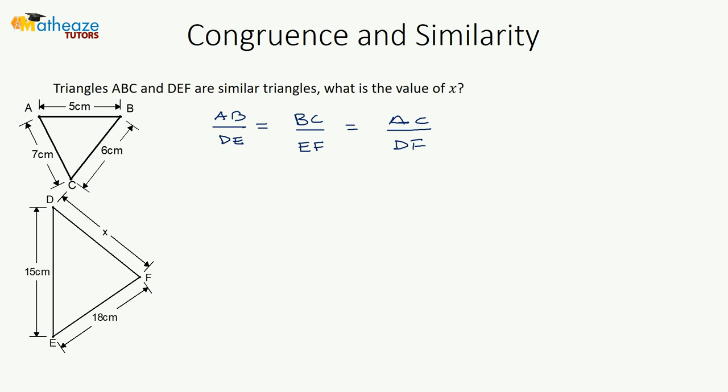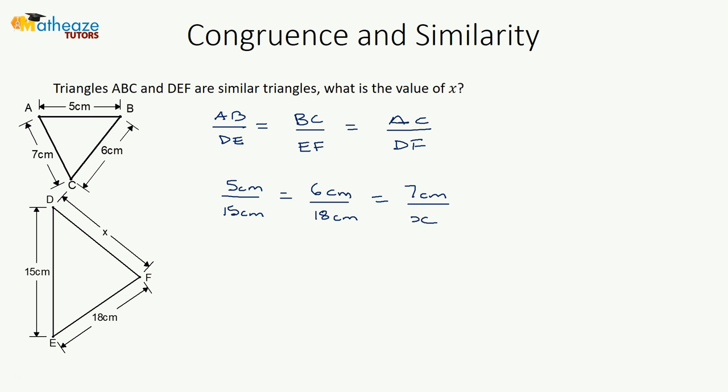The length of AB is 5 centimeters. The length of DE is 15 centimeters. This is equal to the length of BC is 6 centimeters. The length of EF is 18 centimeters. The length of AC is 7 centimeters, and the length of DF is unknown.